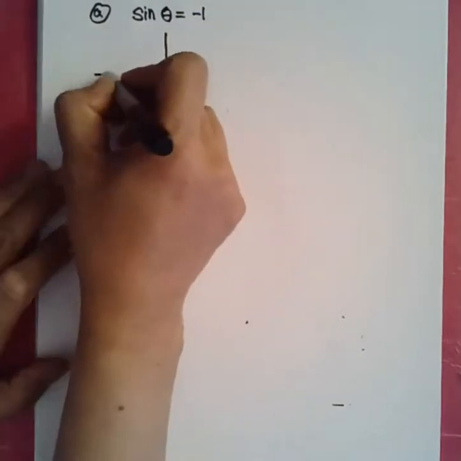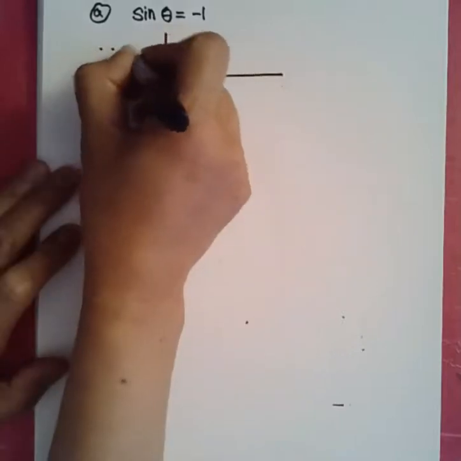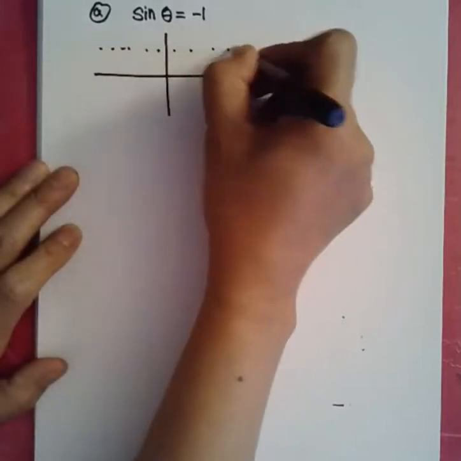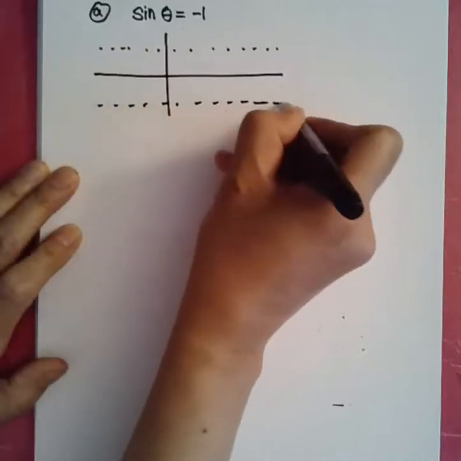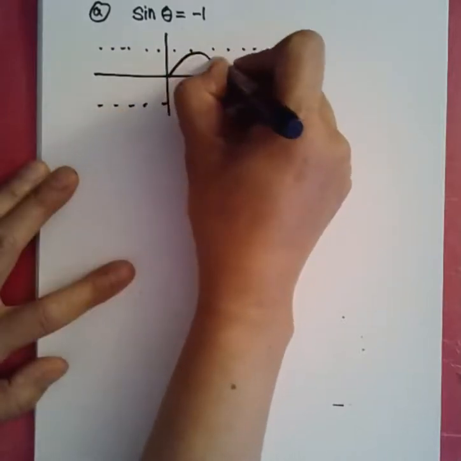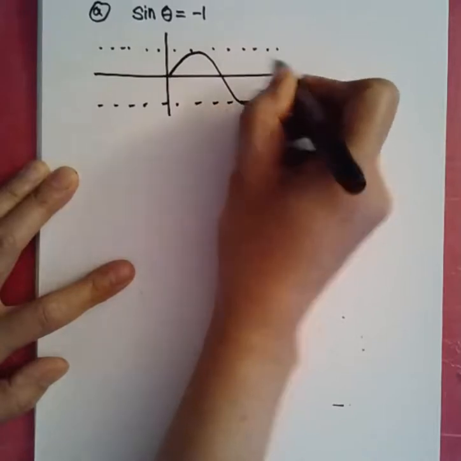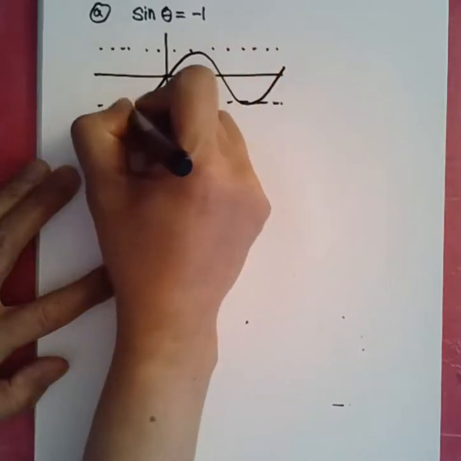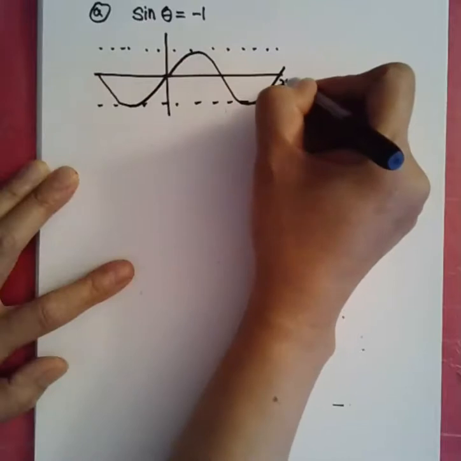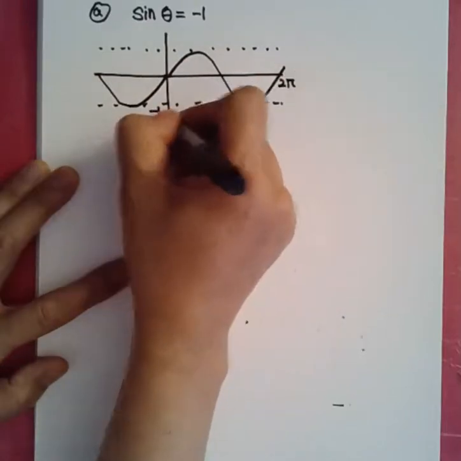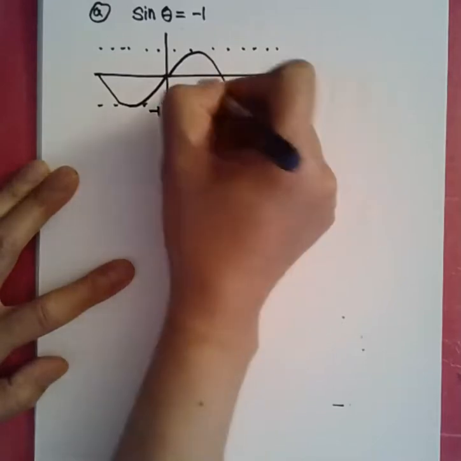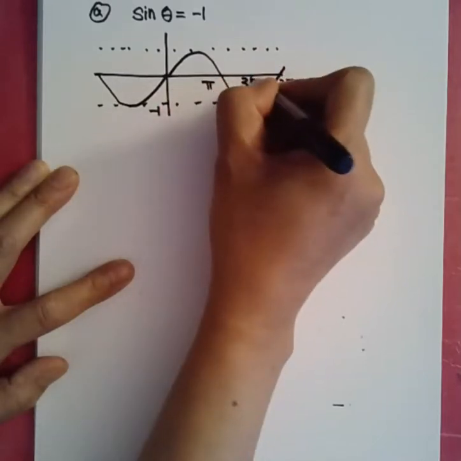Minus 1 is the minimum value for the sine function. So we have to use the graph. This is 2 pi, this is negative 1, this is pi, this is 3 pi over 2.